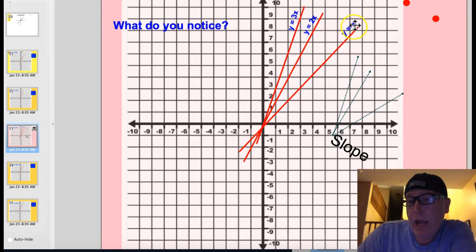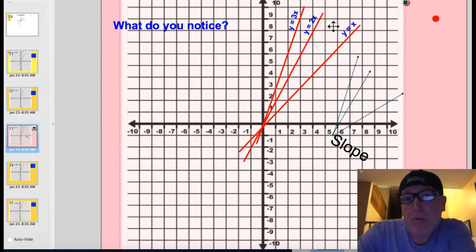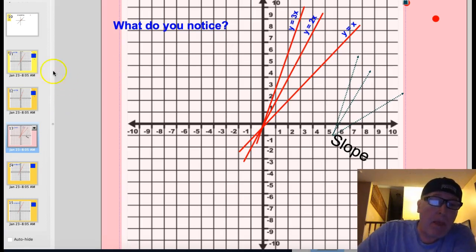It could be 1x equals 1y. But here it's y is equal to 2x. See how it's steeper? And here's 3x, and 4x would be even steeper, and 5x, and 6x, and so on. Okay? That's slope. The bigger that number with the x gets, the steeper the slope is. All right? Keep that in mind.